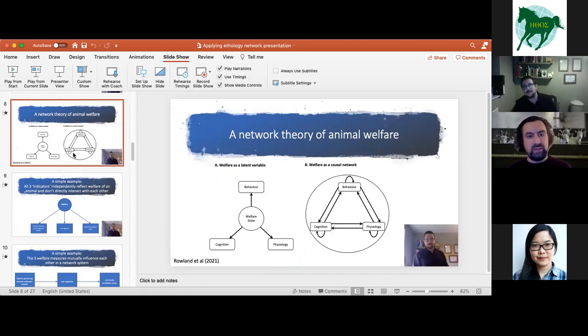So we as humans can state whether or not we suffer, yes or no. This might be more tricky. You need to infer this for animals, but would this be something that could be placed into this network, or would it be considered like an epiphenomenon on top of the network?